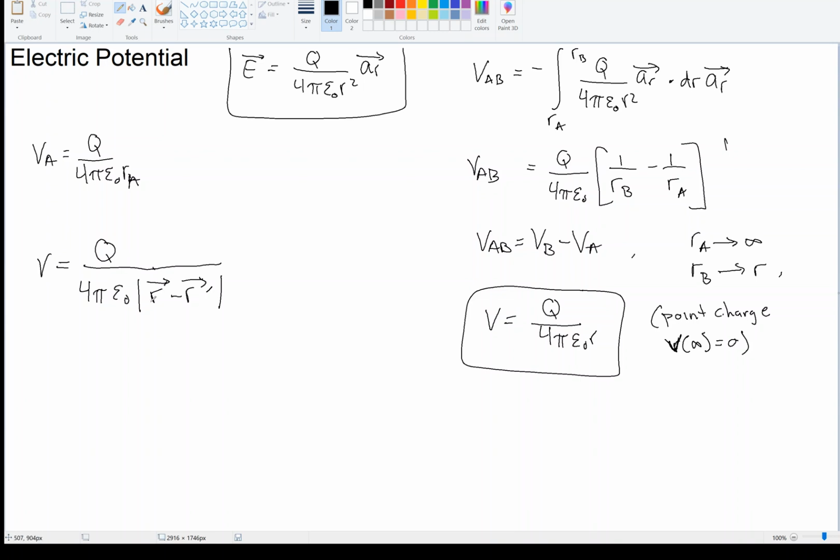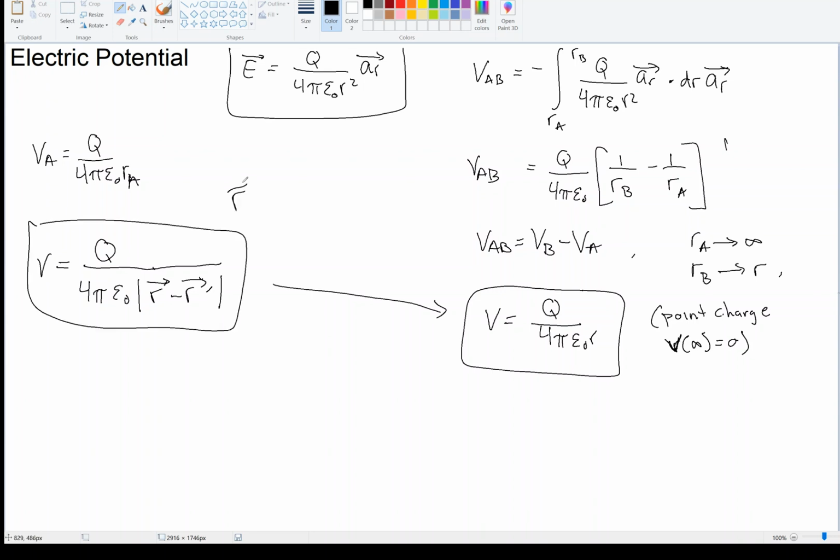So this thing is the length of the difference between where your charge is and at which point in space you're considering the potential to be. Okay, so you just take that difference, and then of course if r prime, the distance vector of the charge, is 0, that is if it's at the origin, then it reduces down to this equation. So this is the general equation.